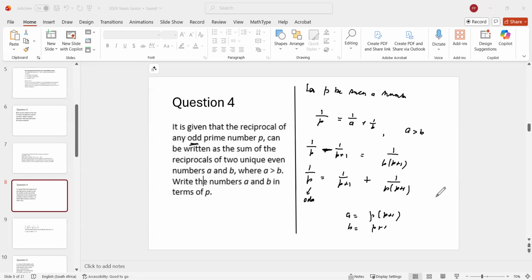So A is certainly even, because one of the factors of A is even, and B, being an odd number plus 1, is also even. So we have written this 1 over P as the sum of reciprocals of two numbers like this. So this actually solves the problem.